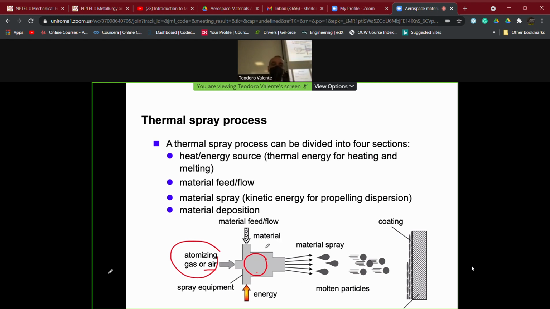What is going to happen is that the material which is fed inside our confined region of space where it can meet heat or energy is thus melted.